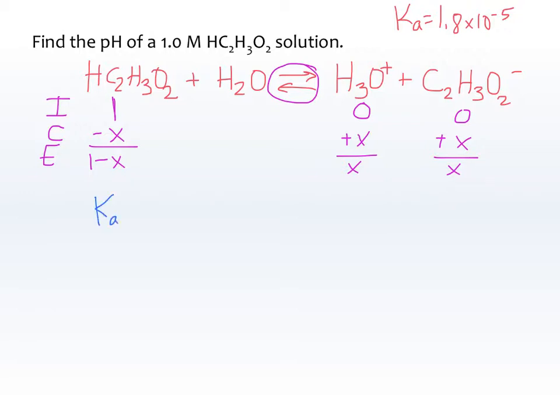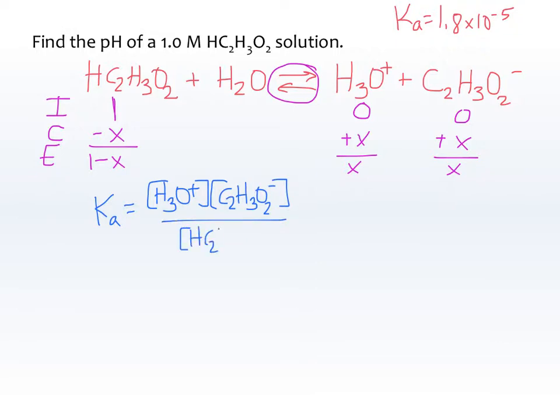This will be Ka, because acetic acid is an acid, H3O+ times C2H3O2- divided by HC2H3O2, completely ignoring water as if it weren't there.